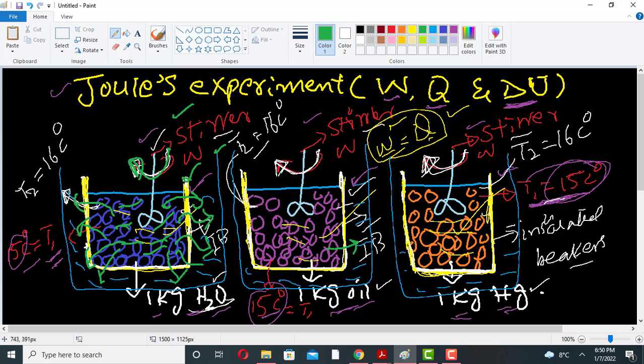Similarly, the heat produced was transferred to the liquid water.